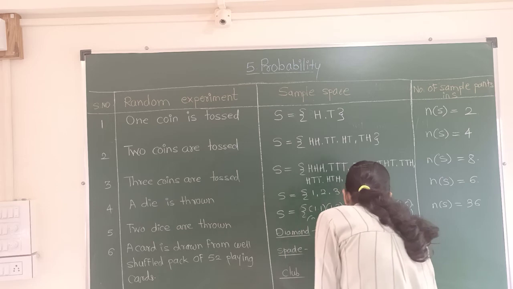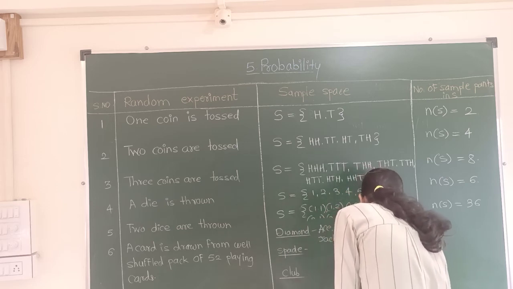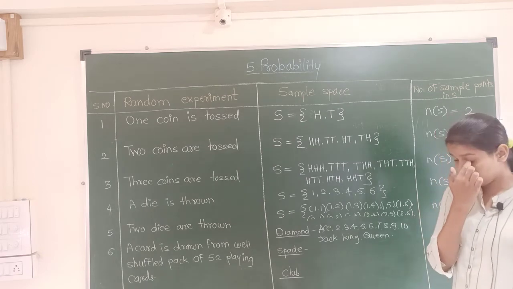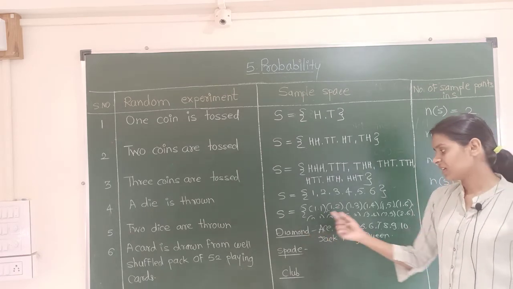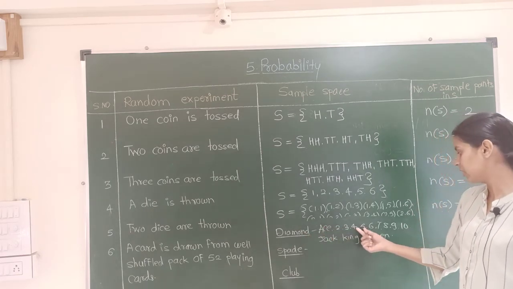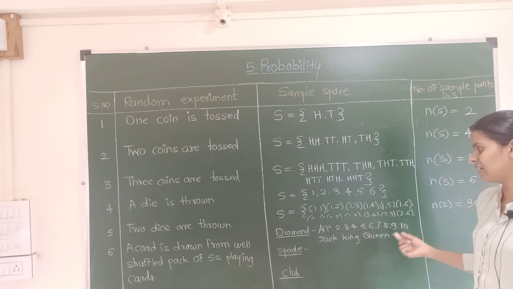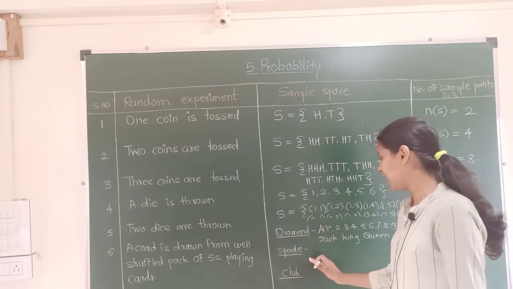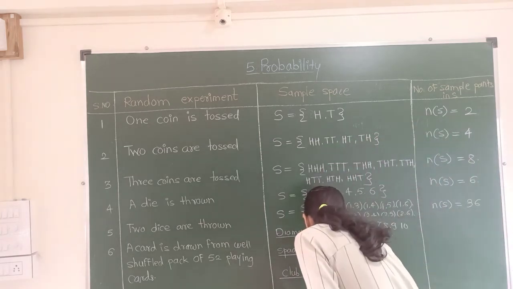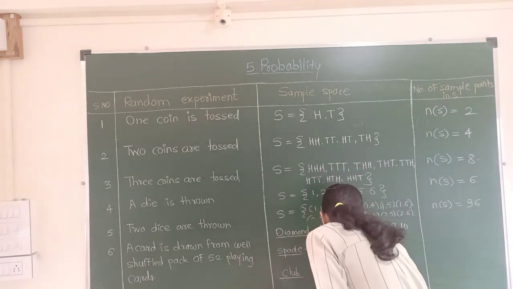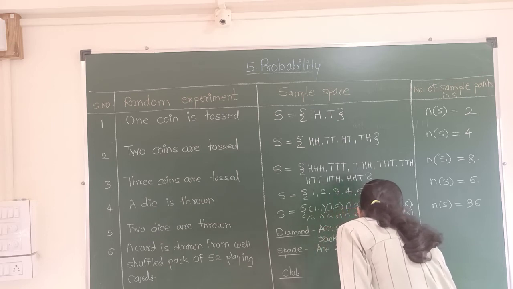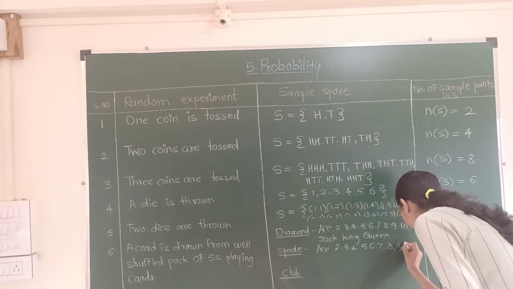These are the 13 cards in each set of a card. Diamond consists of ace, 2, 3, 4, 5, 6, 7, 8, 9, 10, and jack, king and queen. Now spade consists of the same: ace, then 2, 3, 4, 5, 6, 7, 8, 9 and 10.